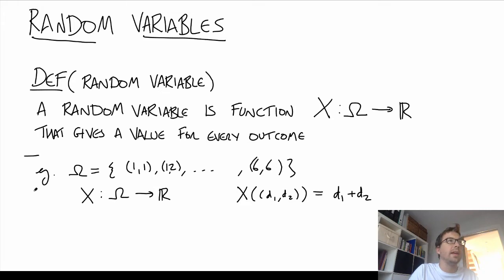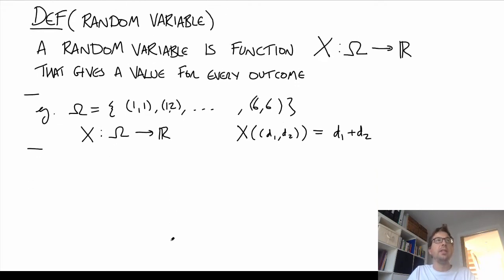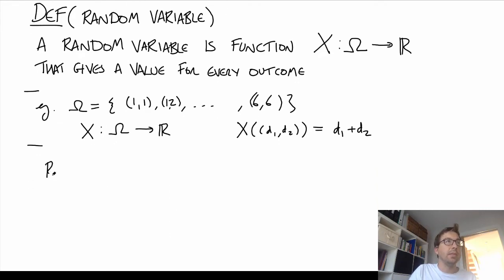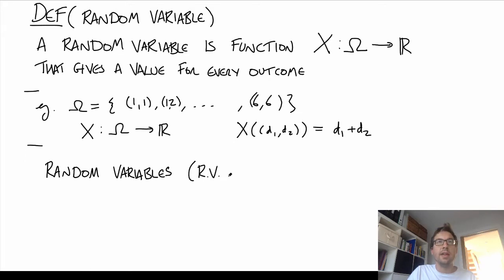So one thing to mention is that random variables can be discrete or they can be continuous. Okay, and one thing to say is sometimes I'll write RVs, okay, R.V., to make things a bit shorter.